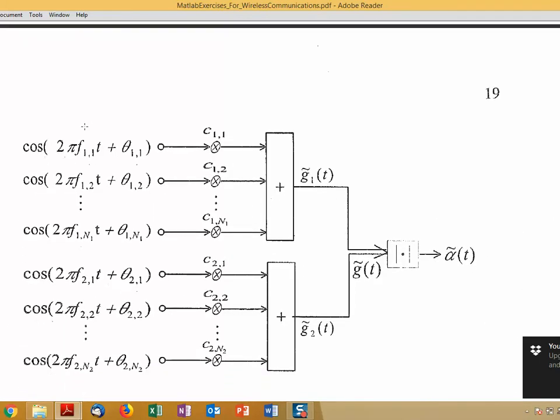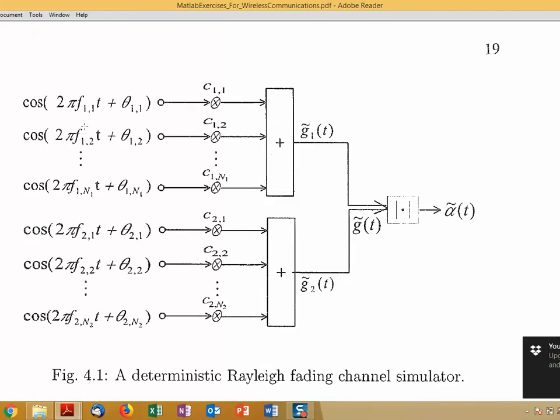Actually, in the next slide, I will teach you how to model the channel. In this exercise, I introduce how to model the Rayleigh channel by using this method.